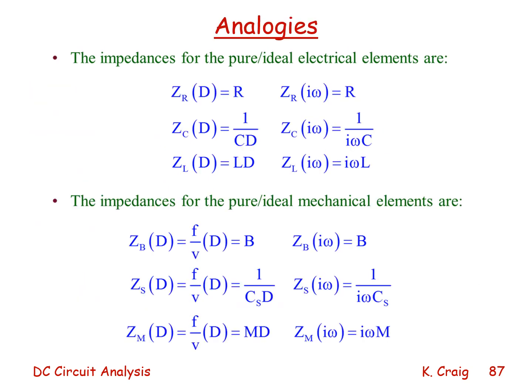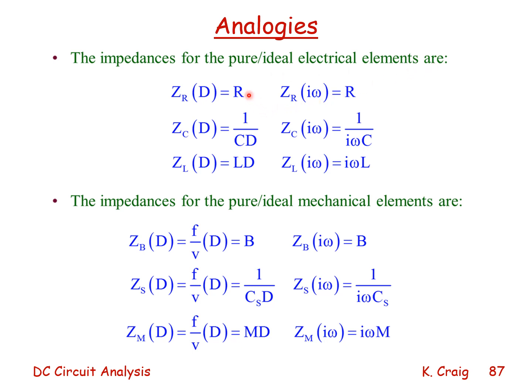If we consider analogies, which are very, very powerful in explaining to fellow engineers areas of engineering which they may not be familiar with, we can use the mechanical electrical analogy to understand better impedance. So again, the impedances for pure and ideal electrical elements is shown here.